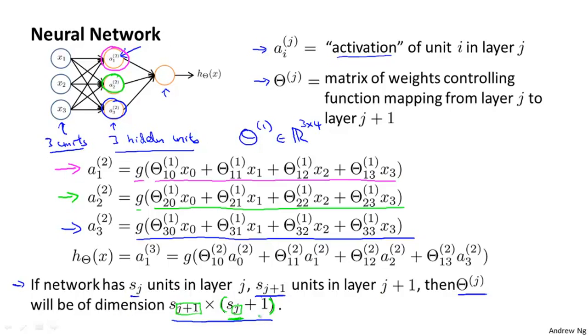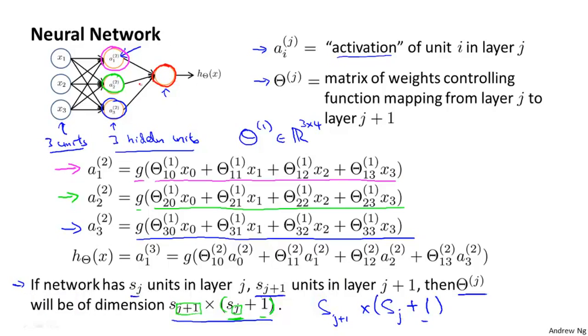So that's S subscript j+1 by Sj+1, where this plus 1 is not part of the subscript. Okay, so we've talked about what the three hidden units do to compute their values.